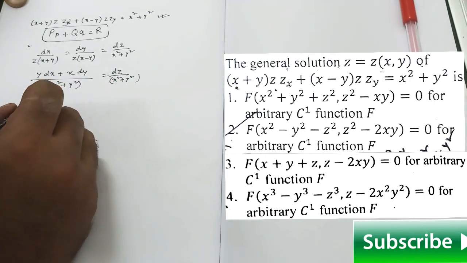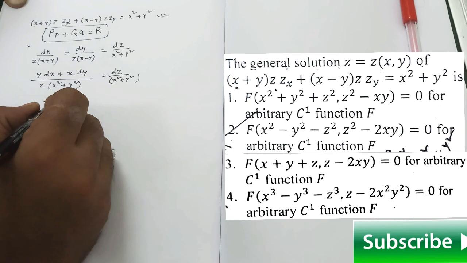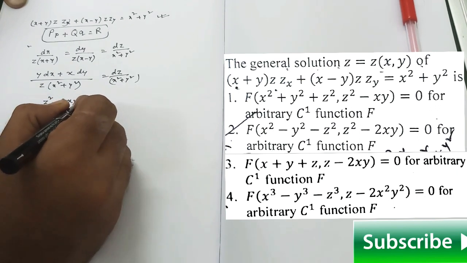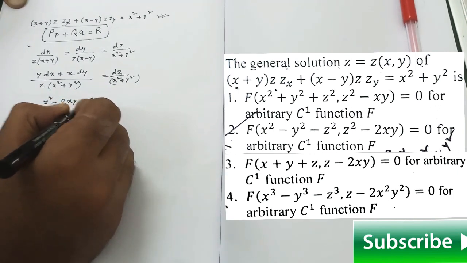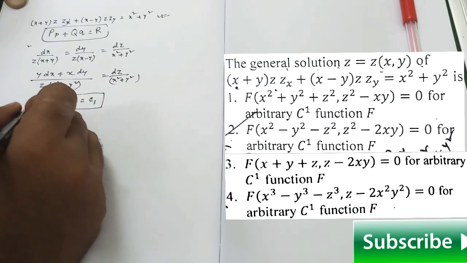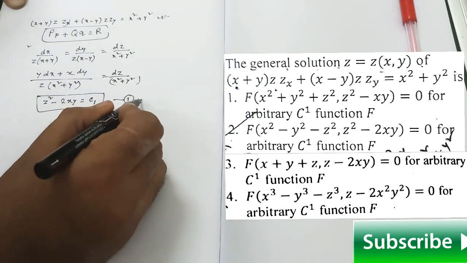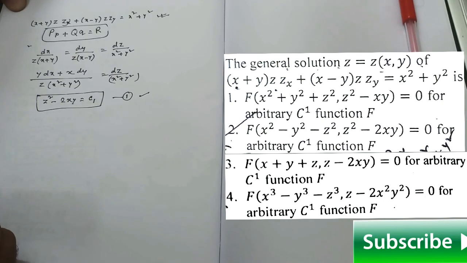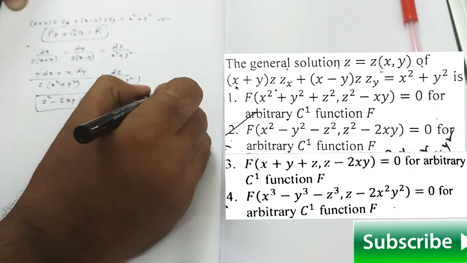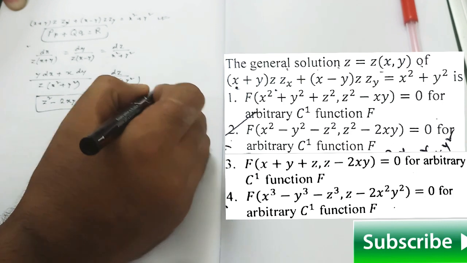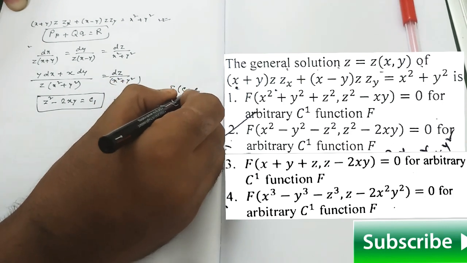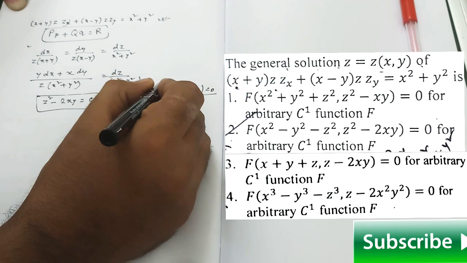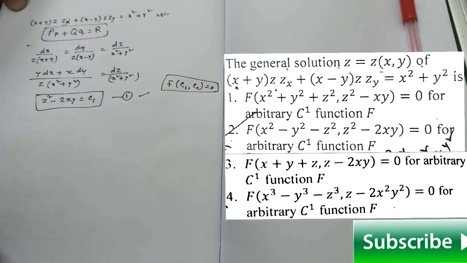After doing some calculation, you will find that z square minus 2xy is equal to some constant, say c1, and this is your first relation. To solve this kind of problem, obviously you need two relations in your hand, so that the final general solution will be some arbitrary function of these two constants.